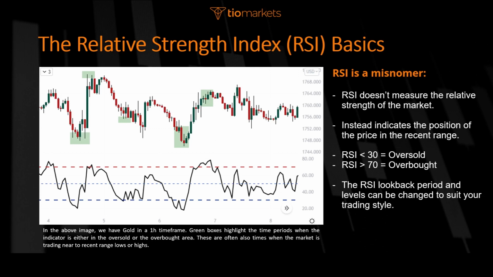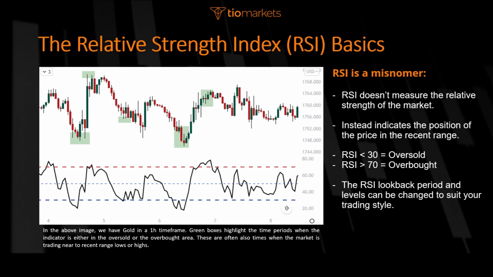RSI is called a relative strength index, and this is a little misleading because it really doesn't measure any relative strength of the market. For those who wonder what relative strength is about, a very simple explanation in 20 seconds. If you have two markets moving up, and one is moving up stronger than the other, then the one moving up stronger is relatively more strong.